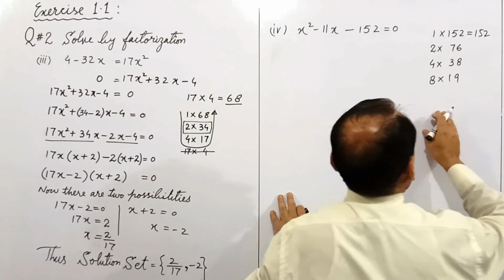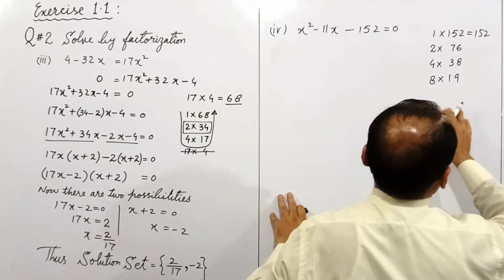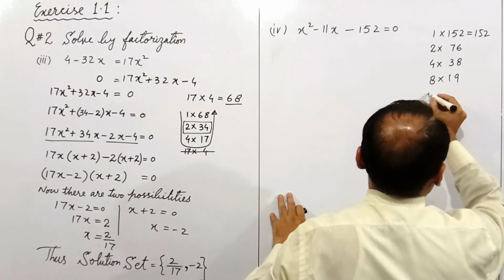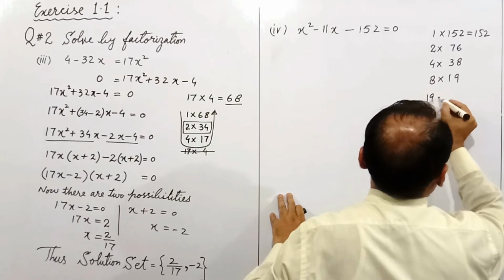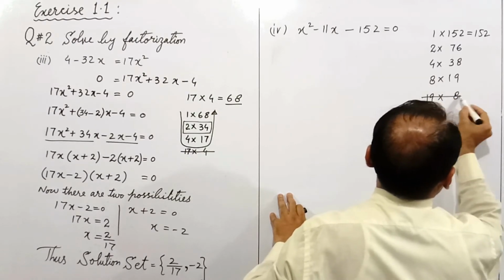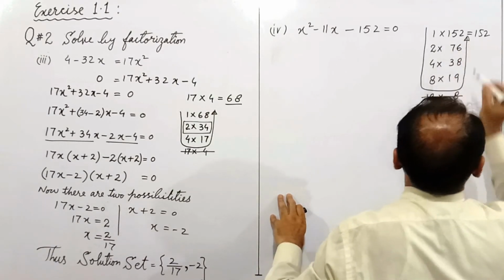And when we move to the next factors, 9, 10, 11, 12, 13, 14, 15, 16, 17, 18, it is not divisible by those numbers, but it is divisible by 19, 8s, and as the numbers are repeated, we stop making factors and we form the list.